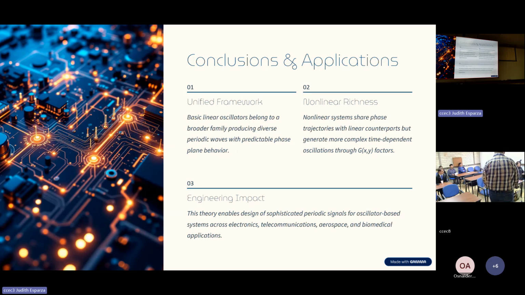How would you identify some conditions on the G function, to preserve that behavior of the original oscillator? I guess it has to be continuous, differentiable, or could be any kind of G function.